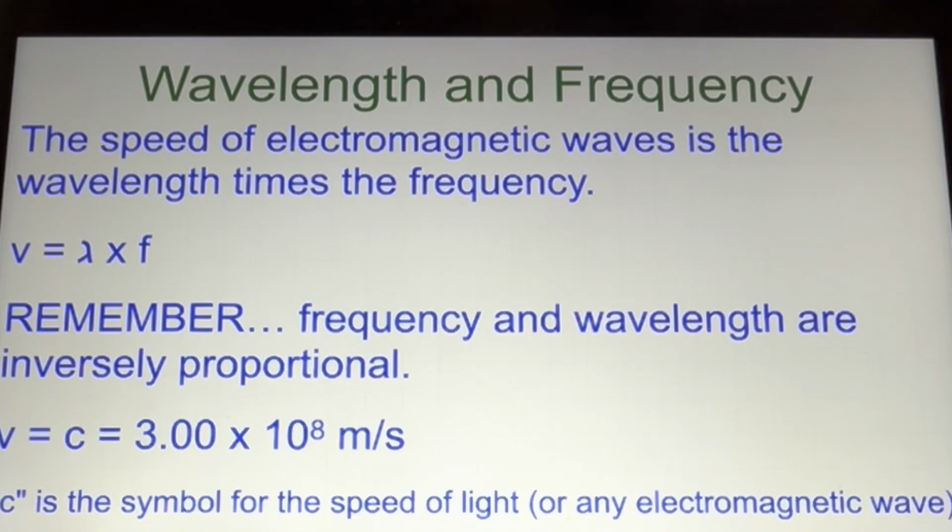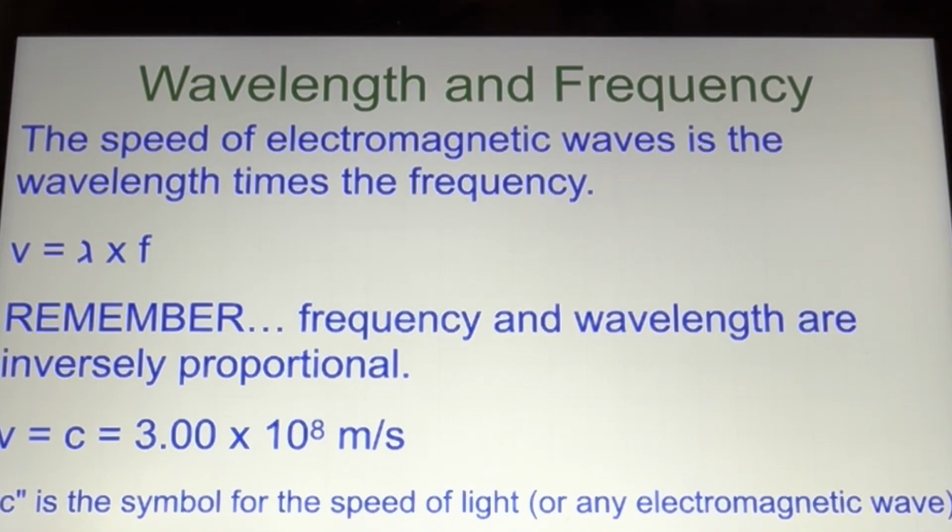Just like with sound waves, the speed of electromagnetic waves is the wavelength times the frequency. Remember that frequency and wavelength are inversely proportional, so as one gets larger, the other will get smaller. Also remember that the speed of electromagnetic waves is constant, 3 times 10 to the 8th meters per second.